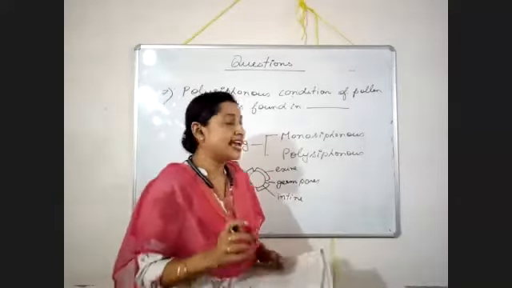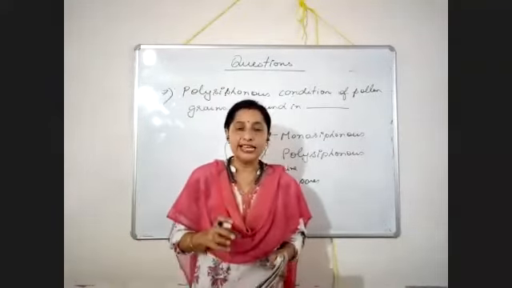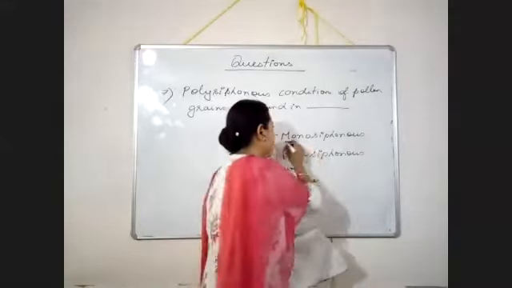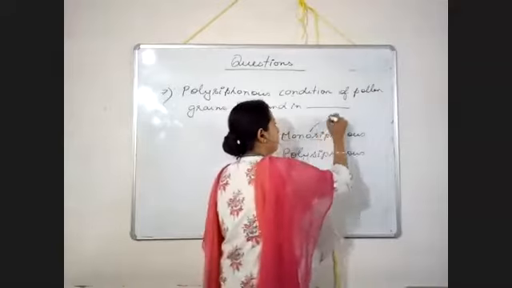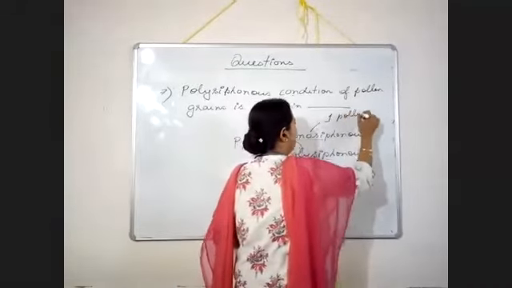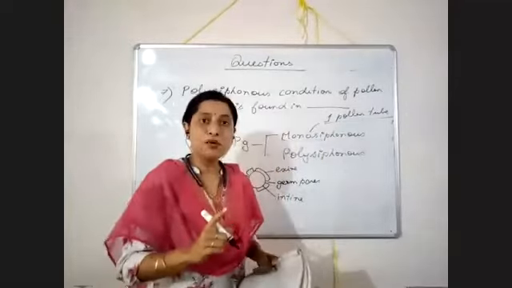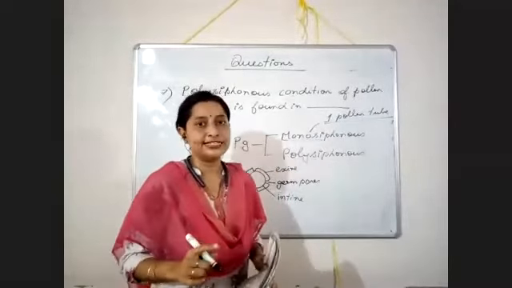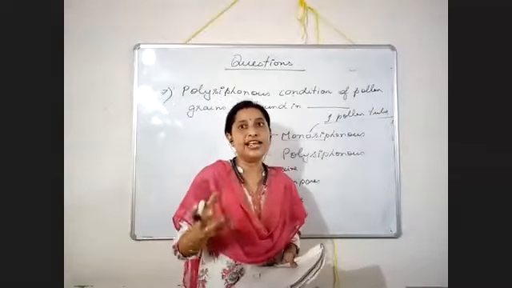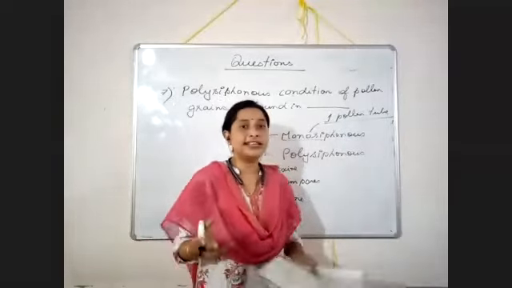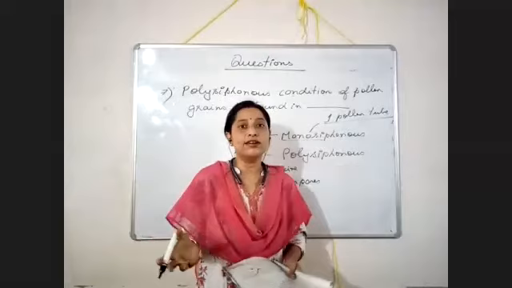Now the question is, if one pollen grain has only one pollen tube, it is called monosiphonous. One pollen grain is always with one pollen tube, that is called monosiphonous. If one pollen grain has more than one pollen tube, that is called polysiphonous, right?